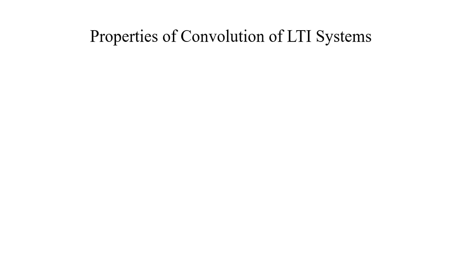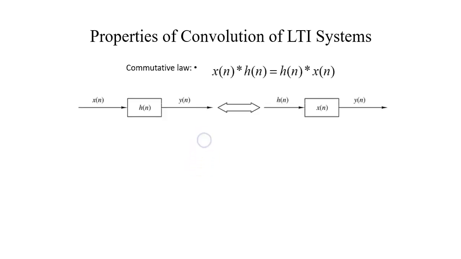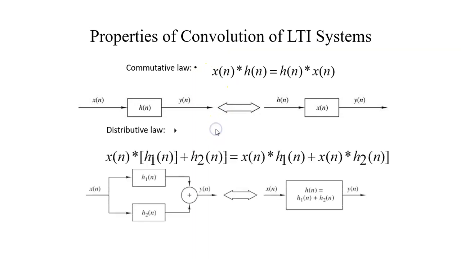What are the main properties of convolution of linear time invariant systems? This is the commutative law, you know this. We have the distributive law. For example, for the commutative law, if I have x of n as input, and this is the impulse response of the system, I have y of n. If I put the impulse response as input and the input as impulse response, I will have the same result.